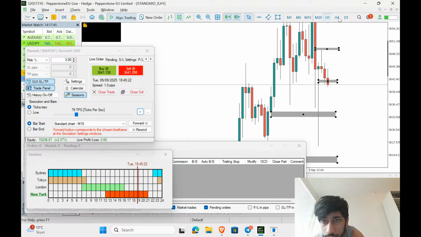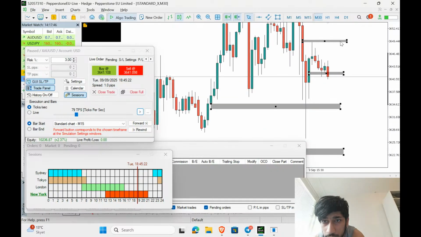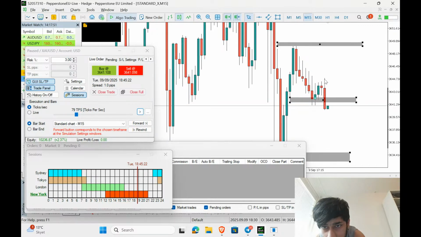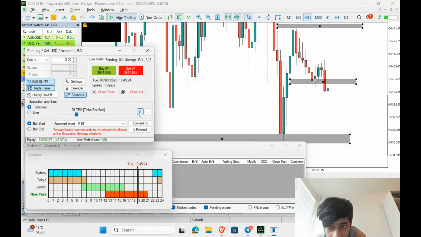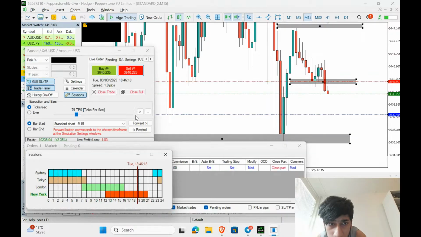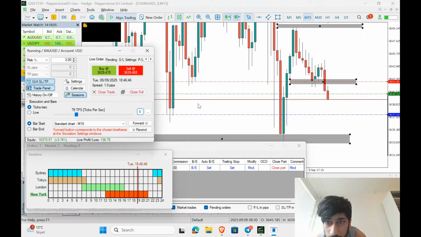H1, yeah, we have wick to fill, H4 wick to fill, M30 wick to fill. Yeah, if this wick breaks below the low, then easy sells right over here. Stop loss around this point, take profit maybe 1 to 1.6467.